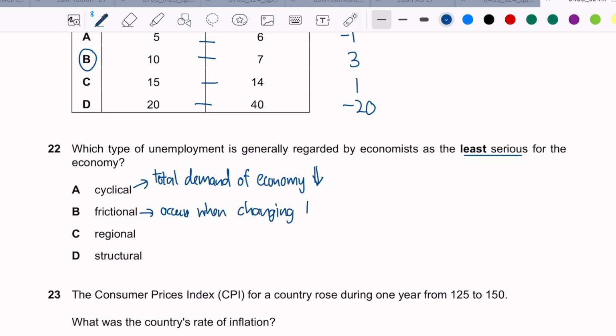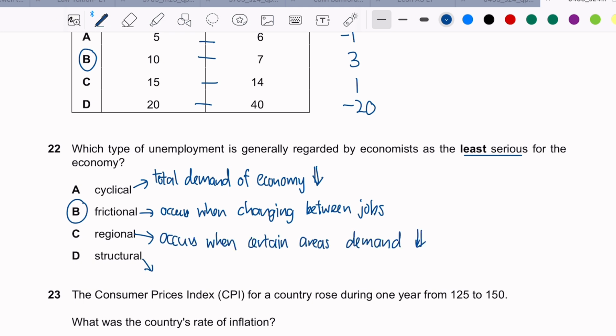And yes, this is the least serious because it always occurs in a labor force, no matter in what kind of situation. And regional occurs when certain areas demand decreases. And lastly, structural happens when the demand of products for a particular industry decreases.